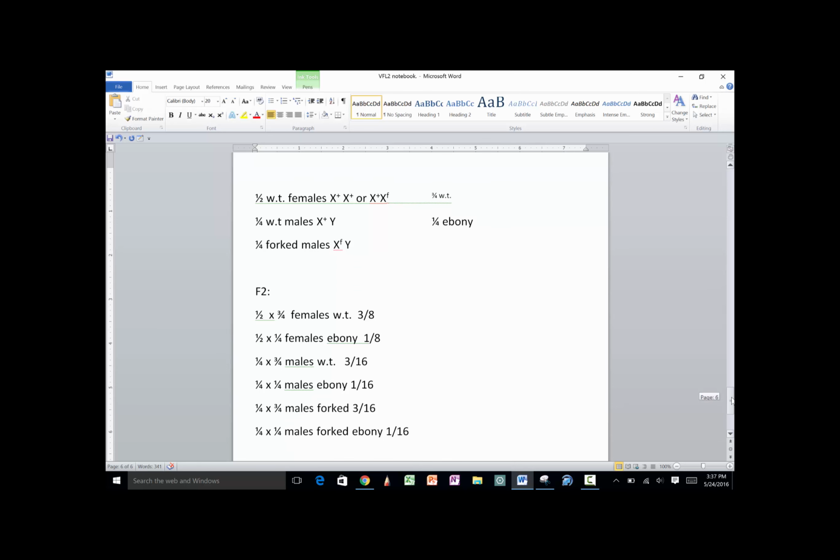Took those wild types together, and we expect this for each gene independently, and then we multiplied all those together. So 1/2 times 3/4. Probably should have done that in fourths. So we're going to change this to 6/16. I'm going to change this to 2/16, just so they're all the same.